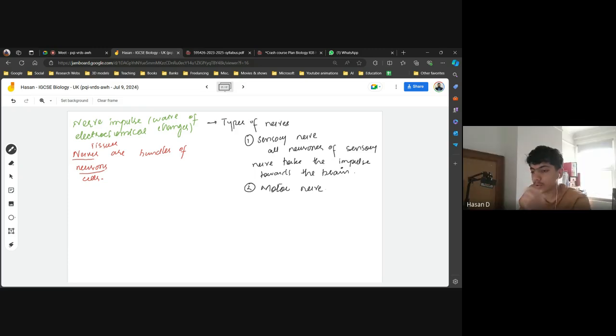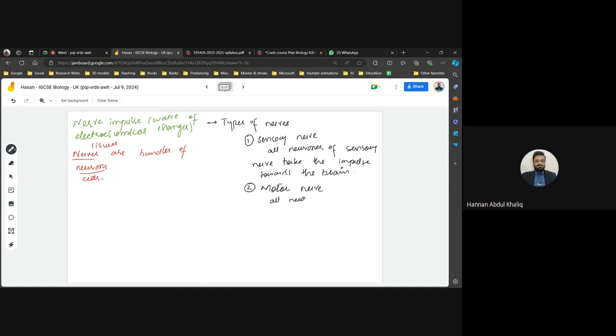Motor nerves are those nerves containing all neurons that take the impulse away from the brain.